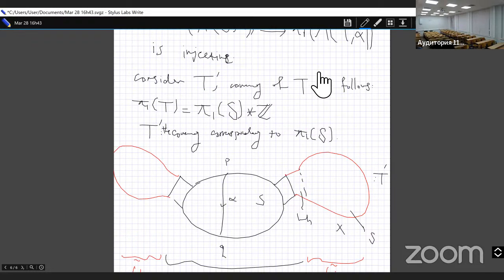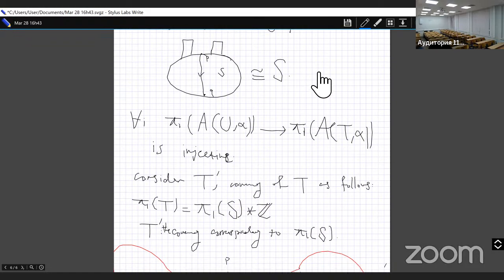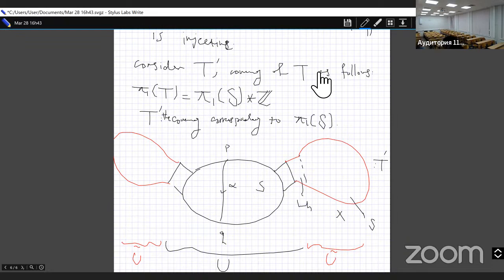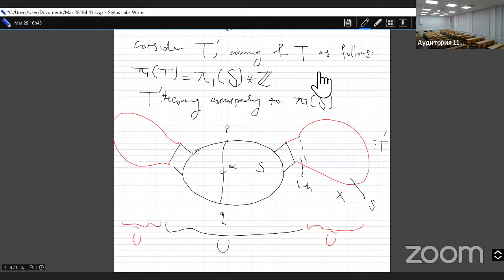Why is phi 1 of T prime equal to phi 1 less? Okay. Because again, by Van Kampen theorem, first of all, consider this covering. Here it has phi 1 0. The red one on the right has phi 1 0, and this one again by induction 3.